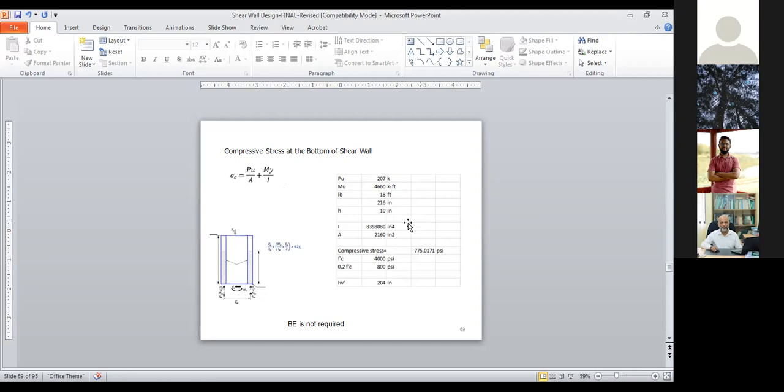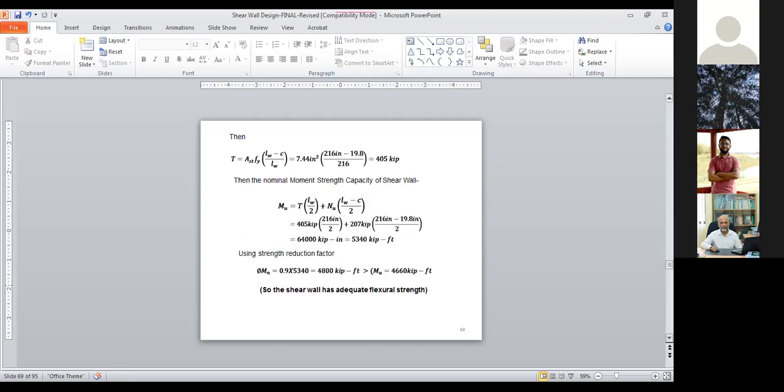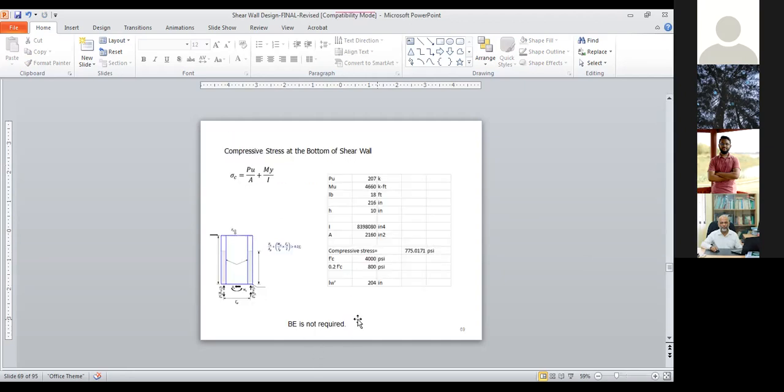I just used an Excel sheet and copied here. You can do it on your own. Your 0.2 f'm becomes 800 psi, and your stress is 775. So you don't need any boundary reinforcement, because it is less than 0.2 f'm. So boundary element is not required.